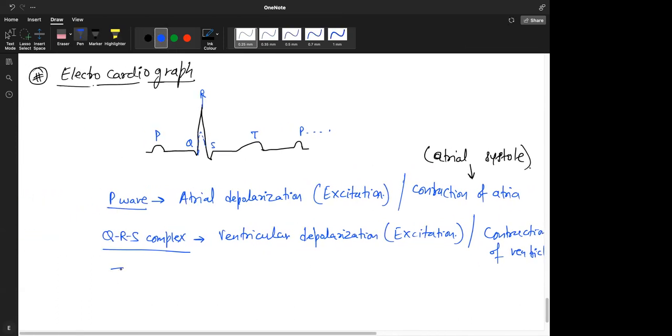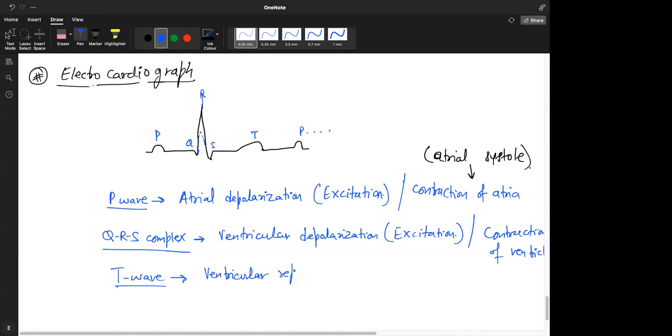Now the T wave, which is here, this thing, which is slightly smoothened like a road. From one side it's going slowly up and then falling down. So this T wave tells us about ventricular repolarization. When it is depolarization, it is excitation.